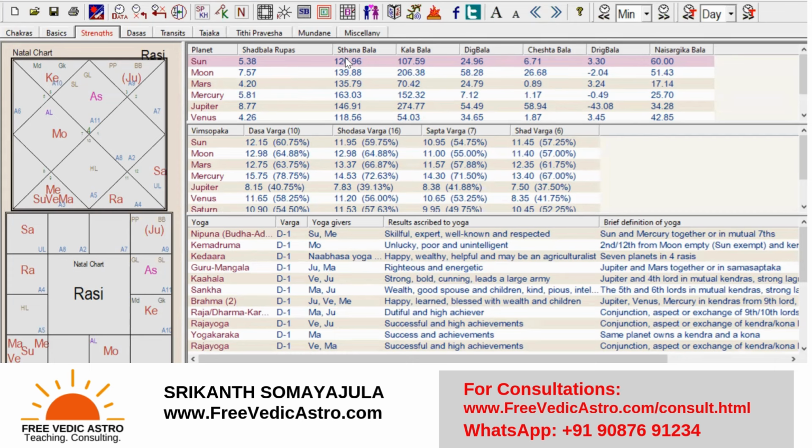Don't go by the number. Okay, if you're using numbers, use the rationale behind it, because each bala will work separately. Total Shadbala is a different concept. Most of the times, total Shadbala will not be useful.